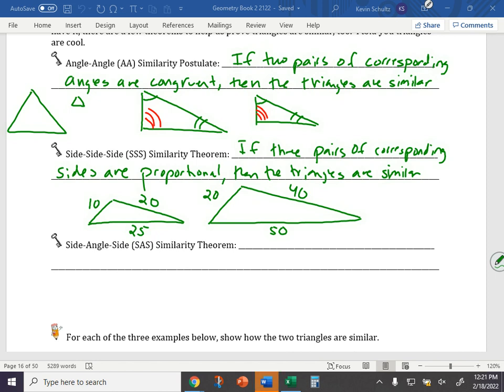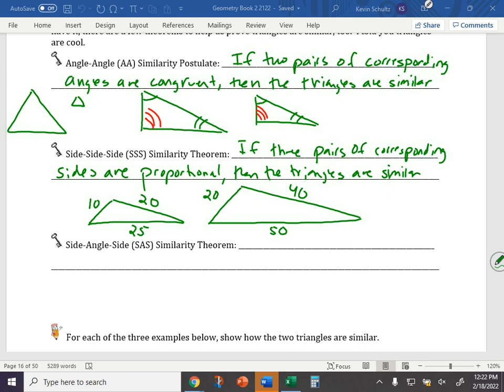Because we can use scale factor to show that the second triangle is twice the size of the first one. Those three pairs of corresponding sides are proportional. They all have a similar scale factor, similar ratio. Then we know that they are similar figures. Question on that one?